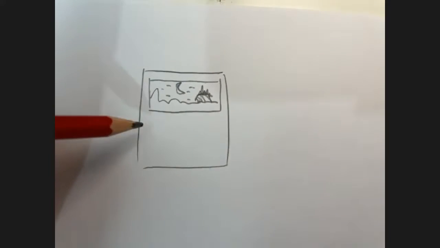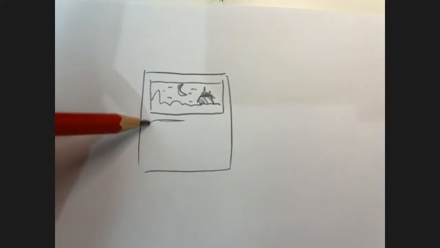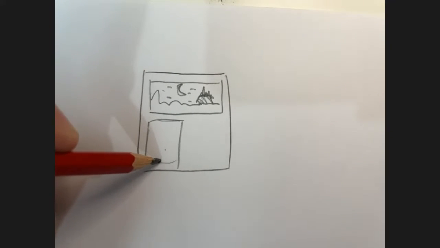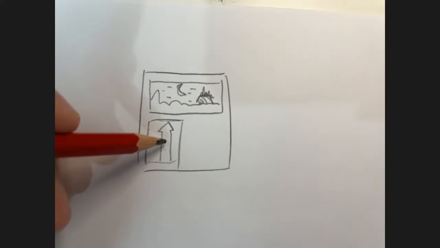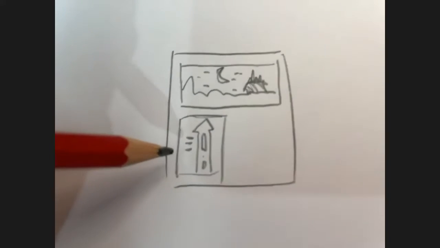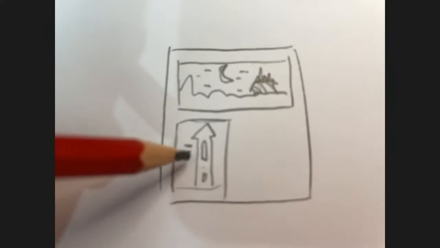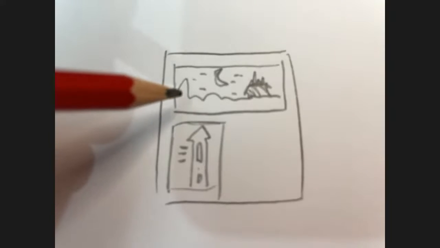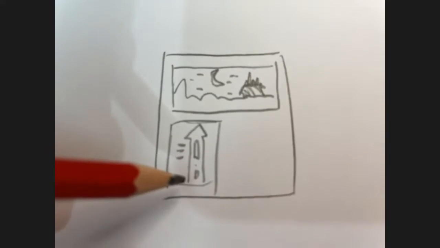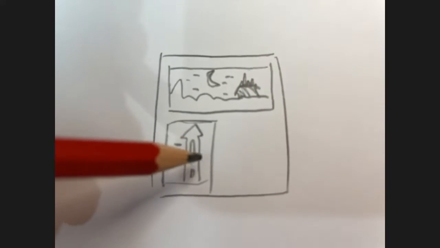And then it could have another big one, which could be a close-up, say, of a tower in the castle, and words coming out of that tower, like your speech bubbles. So then you know that it's a medieval place, and there's a castle, and then a close-up on the castle, and we're closing up into a room.